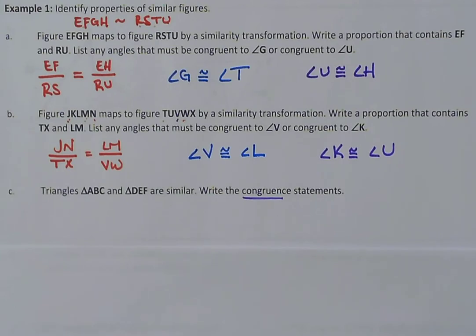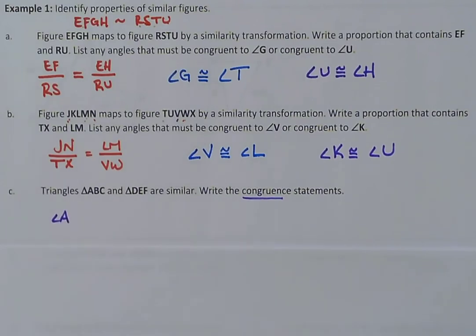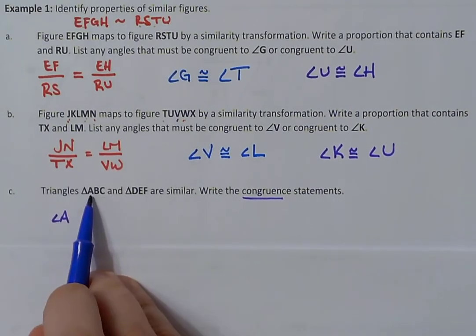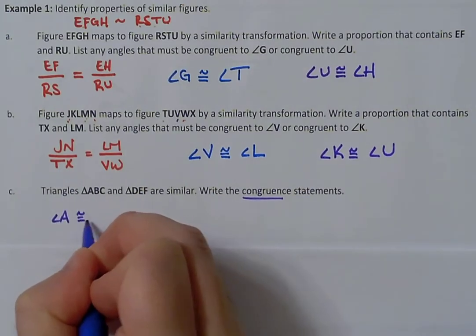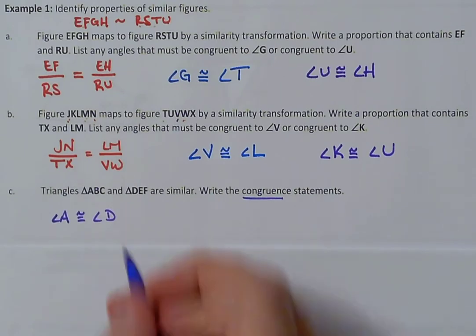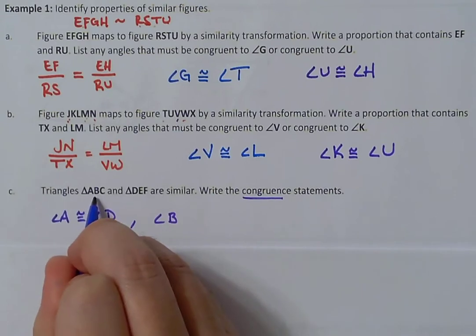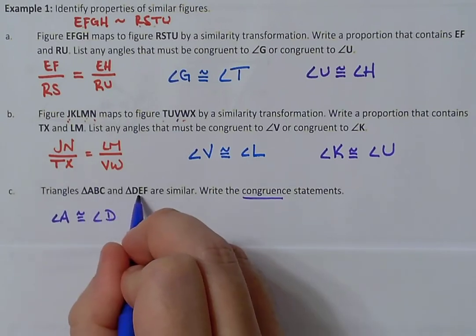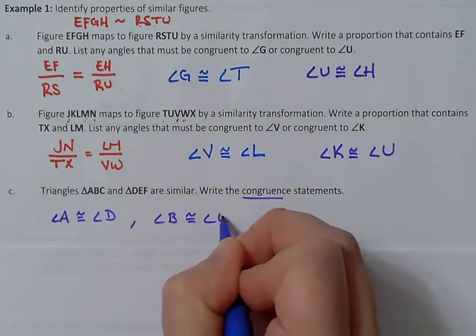This one just wants the congruent statements, so all we need to do is state what angles are congruent to each other. So angle A is congruent to angle D because A and D are the first letters in each statement. The next would be angle B and angle E because they are the middle letter in both statements.